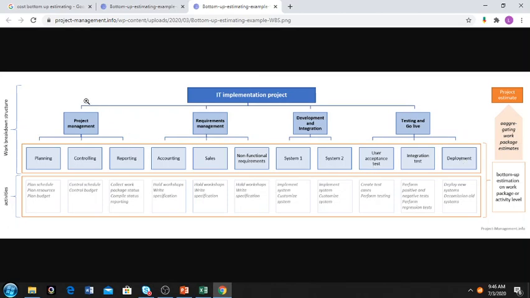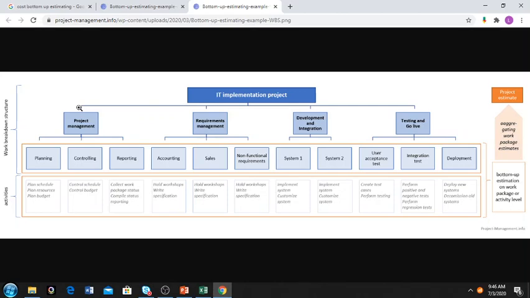So here you see that we have broken our project into, let's say, kind of sub-projects. These are called work breakdown. So we break down the work.